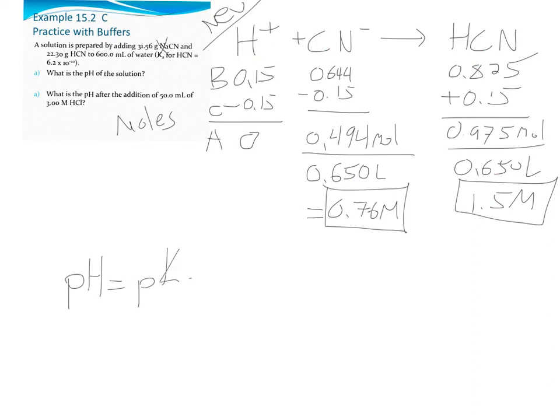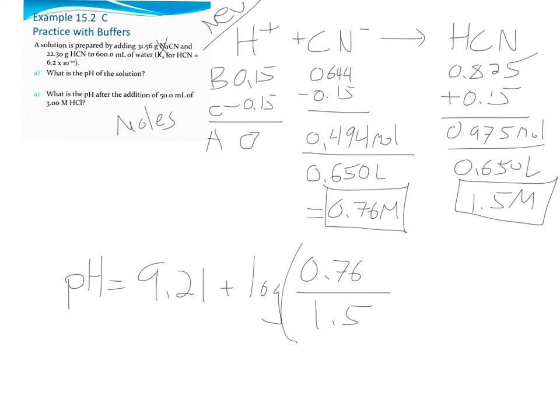pH is pKa plus log of the base over the acid. So pH is the pKa we calculated before, 9.21, plus the log of my base, which is the cyanide, 0.76, over the acid, 1.5.